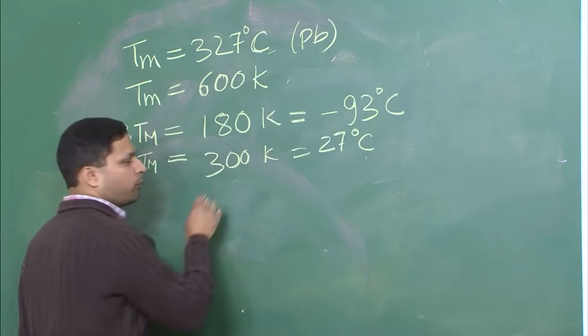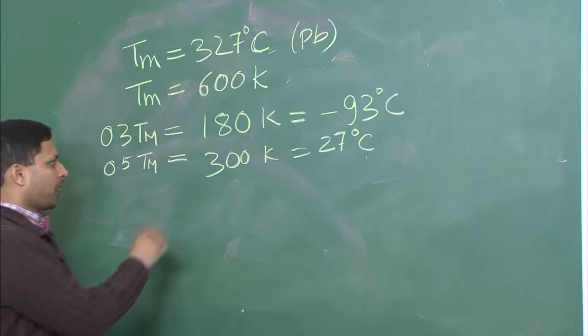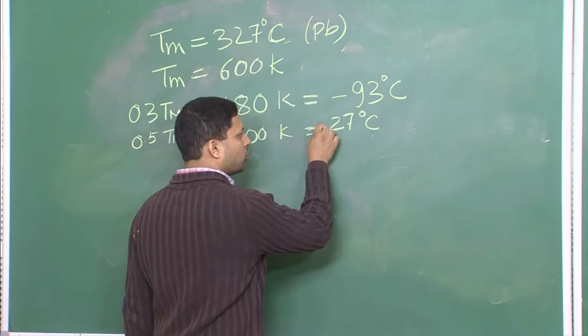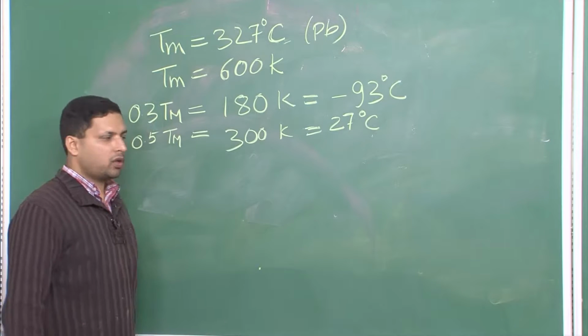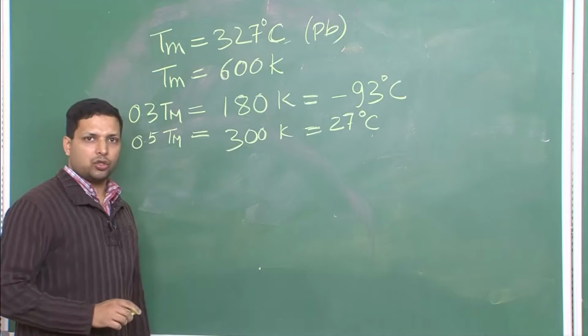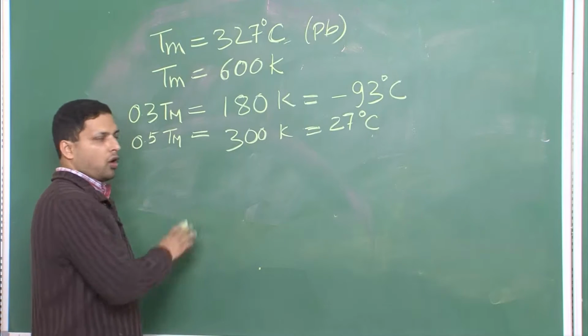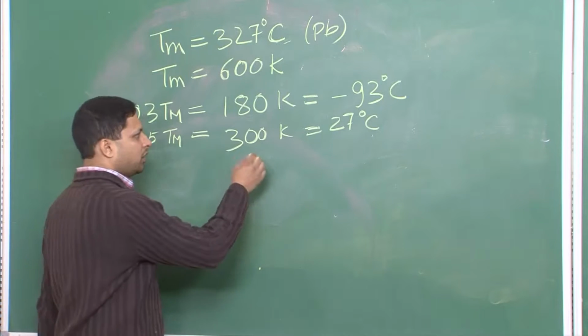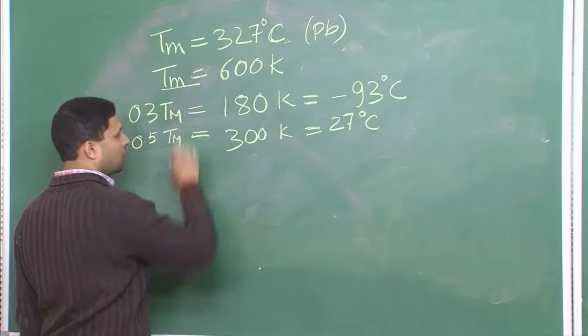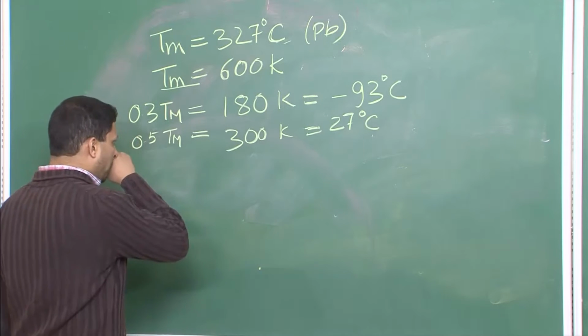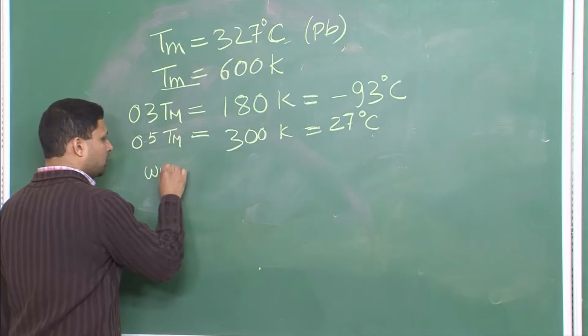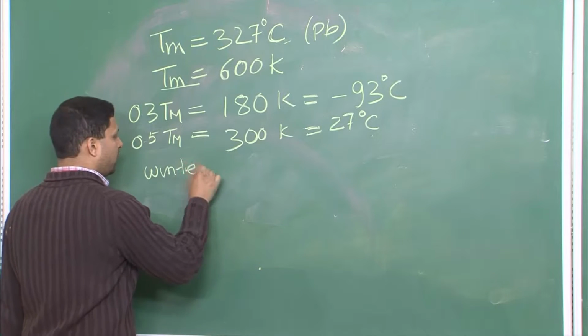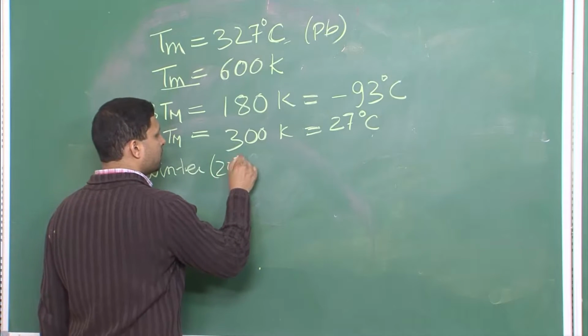So, you see, 0.5 Tm for this is actually what is room temperature for us. One thing important to understand is that when we say hot working, it does not mean you have to elevate the temperature. It is related to the melting point of the material. Now, let us say you were doing the rolling of this in winter when the temperature is 20 degrees Celsius.